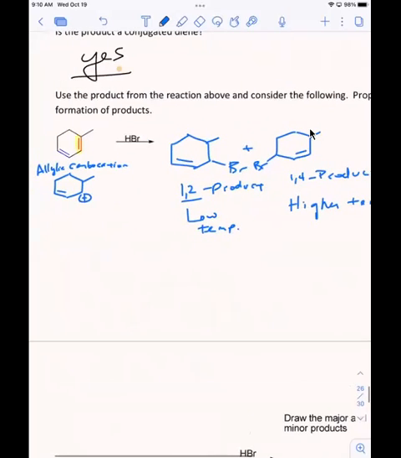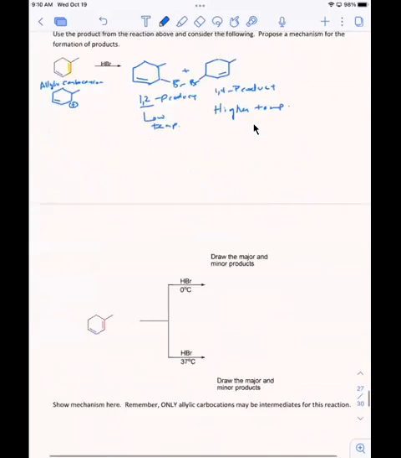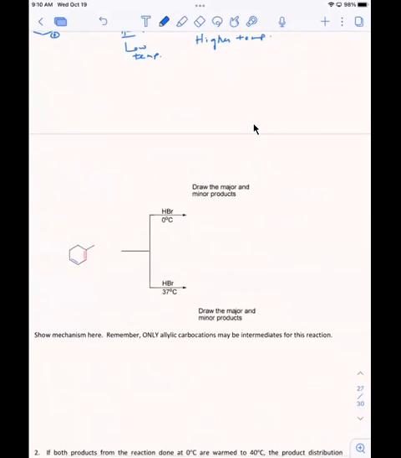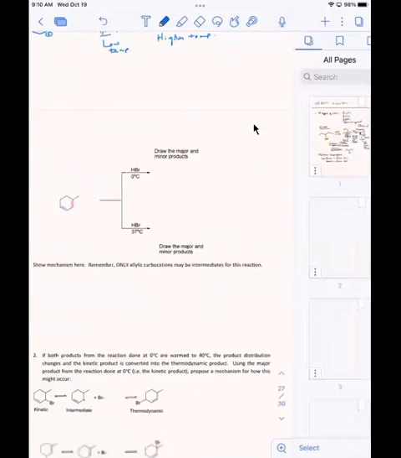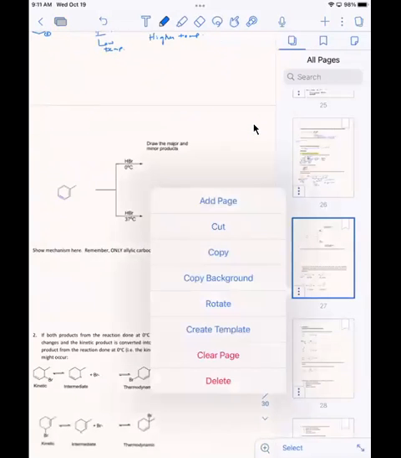Because remember one of the things I said about this reaction is that it is temperature controlled, right? So at lower temperatures, you get one product predominating, and then at higher temperatures, you get another product predominating. All right, so let's go through the mechanism, and then we can discuss why we see what we see.